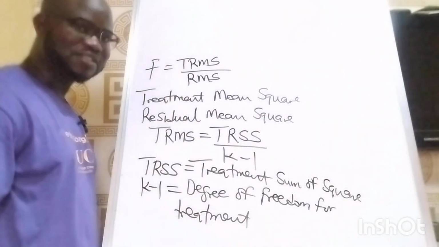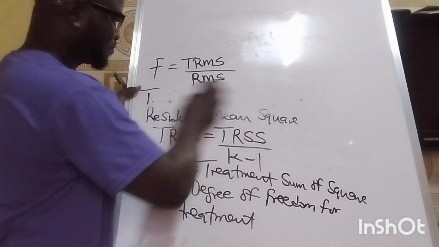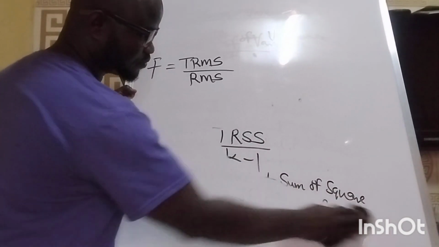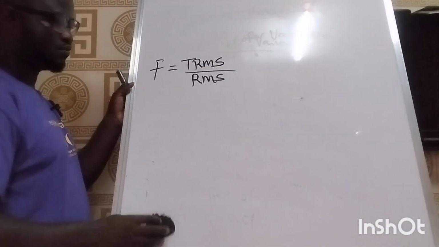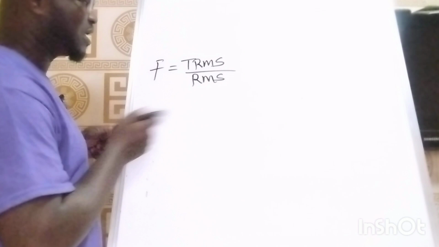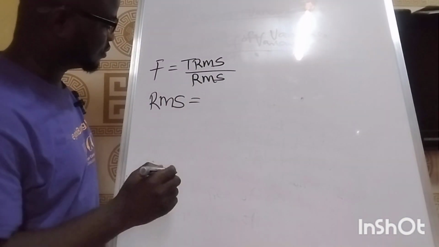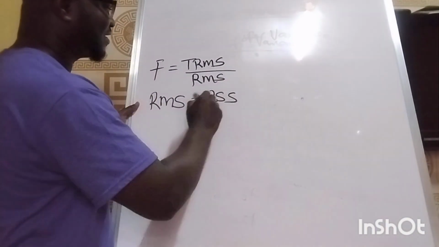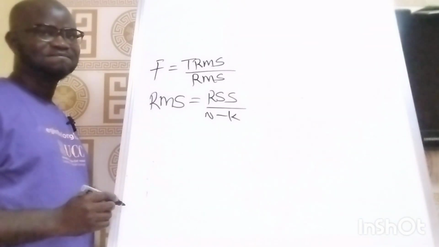So how do we calculate the RMS, class? The RMS is calculated as RSS over N minus K, right?